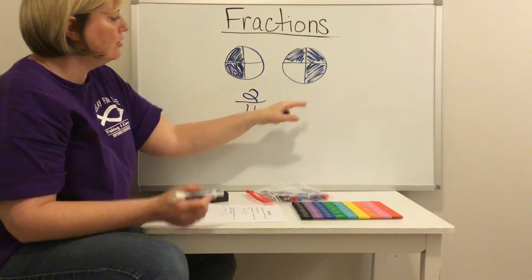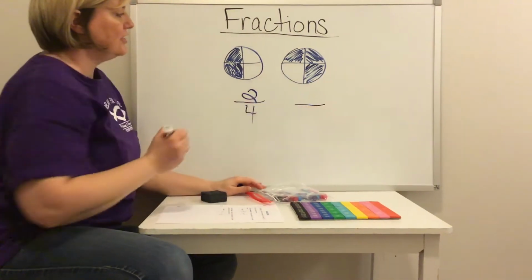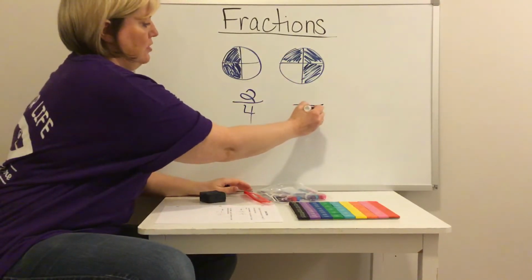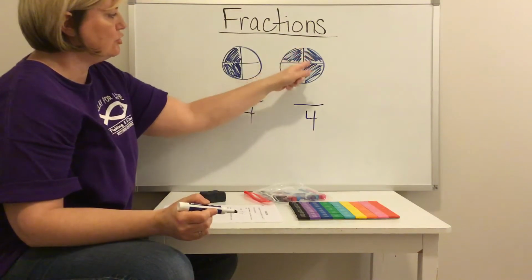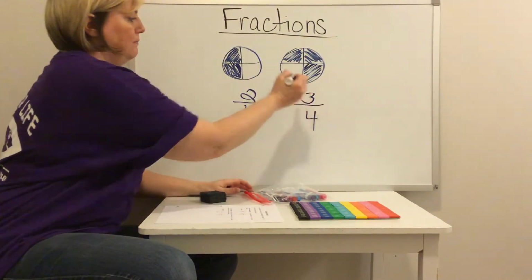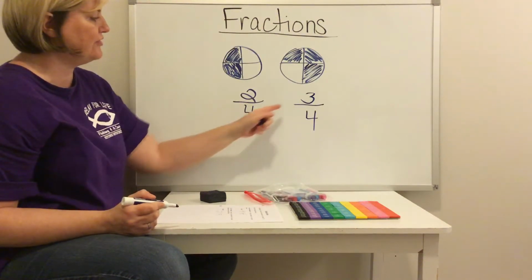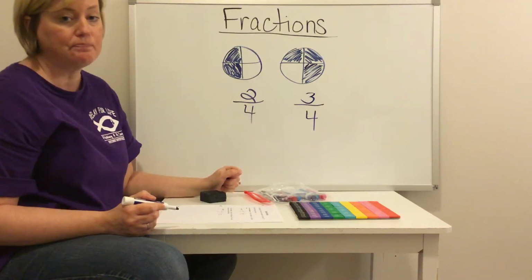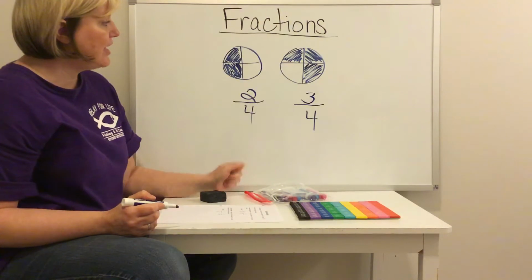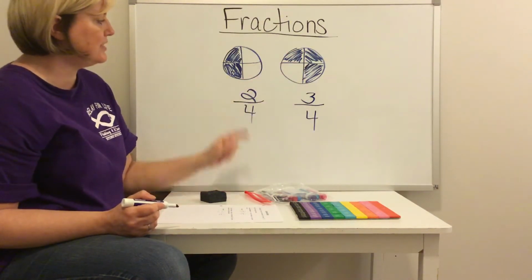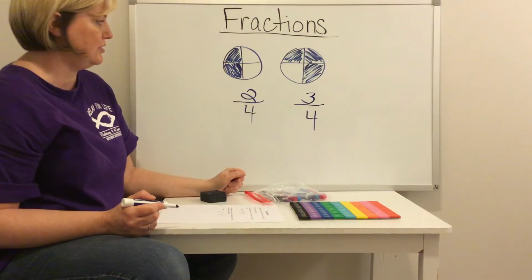Over here, it's divided into the same number of equal pieces, 1, 2, 3, 4. But here we have 1, 2, 3 pieces shaded in. Okay? So if we were looking at these two fractions, 2/4 and 3/4, and comparing them, well, we could see that the 3/4 has more shaded pieces than the 2/4 does. Okay?